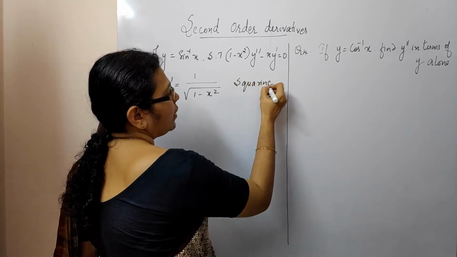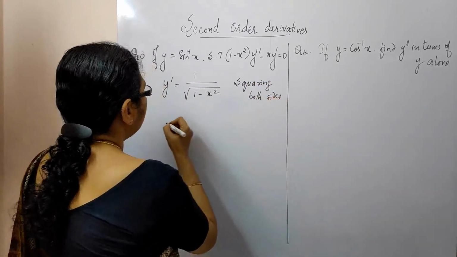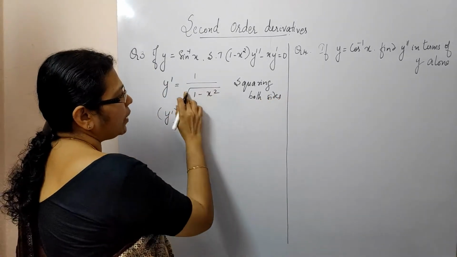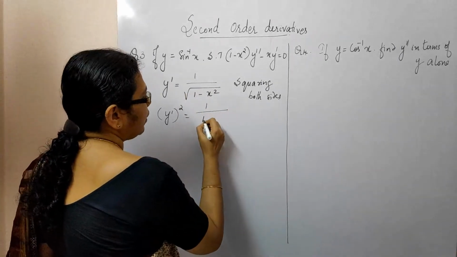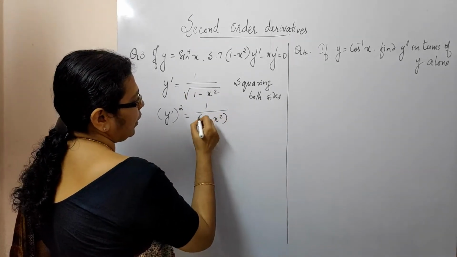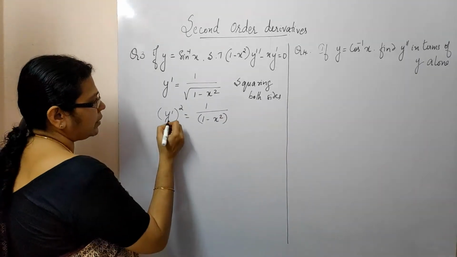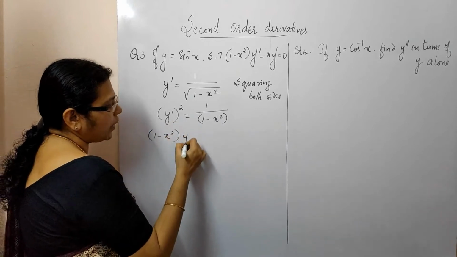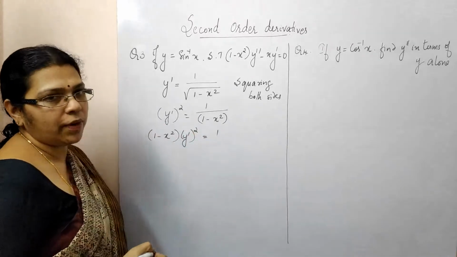So, squaring both sides, y dash the square is equal to, when I square this, root and square nullify, giving 1 by 1 minus x square. Am I clear? Now I cross multiply this.